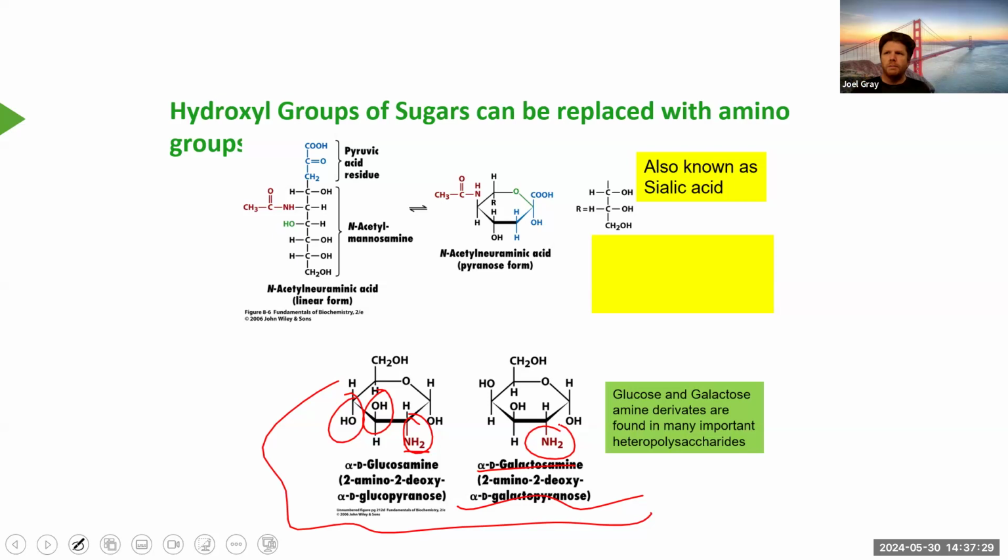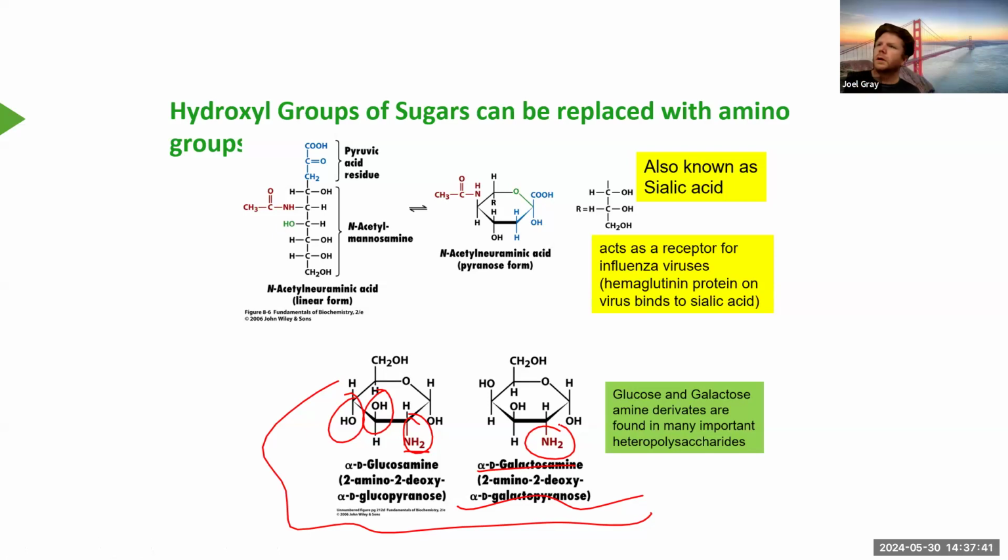Now, with that in mind, we can also have some forms of sugars that are modified in a pretty dramatic form. So here what we have is a sugar that has been modified in a couple of different ways. One, we have a carboxylic acid added to that group.